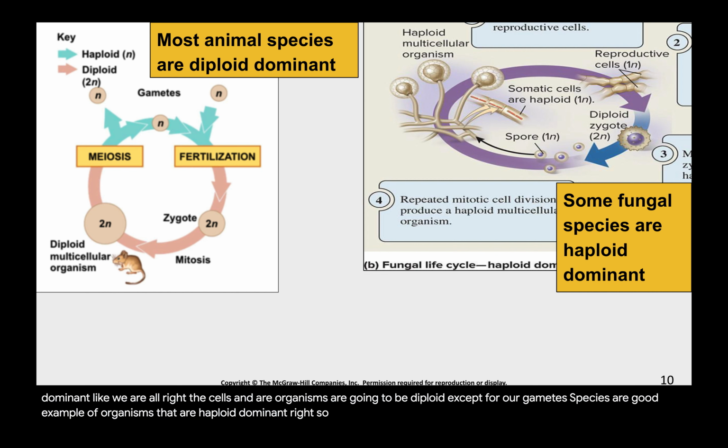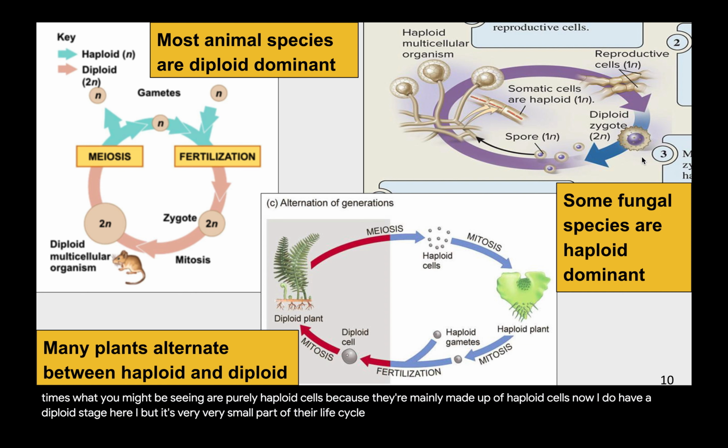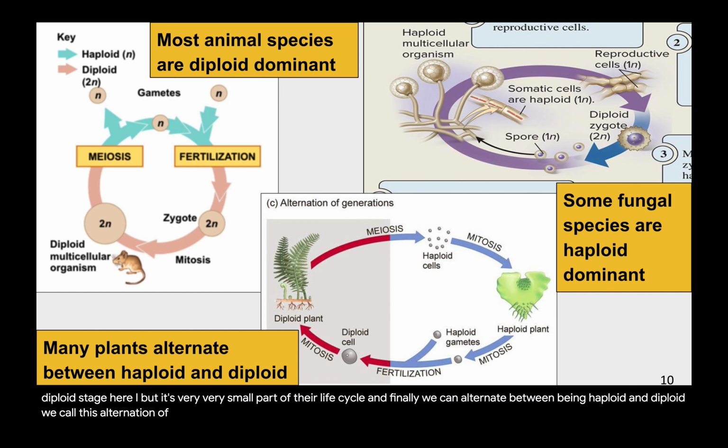So if you see some fungi growing out in the woods, a lot of the times what you might be seeing are purely haploid cells because they're mainly made up of haploid cells. Now they do have a diploid stage, but it's a very, very small part of their life cycle. And finally, we can alternate between being haploid and diploid. We call this alternation of generations, and many plants will alternate between being haploid and diploid.